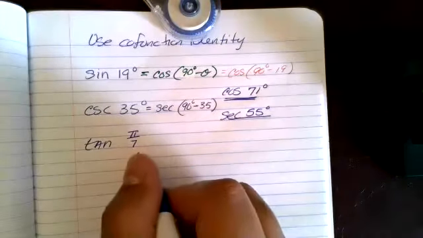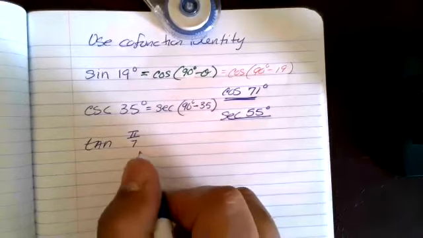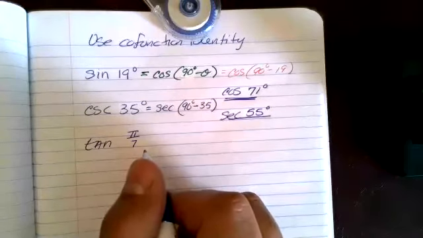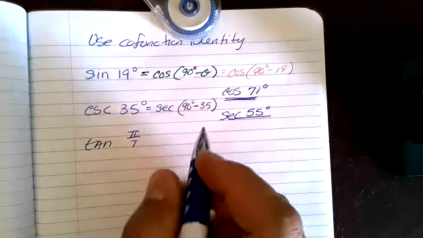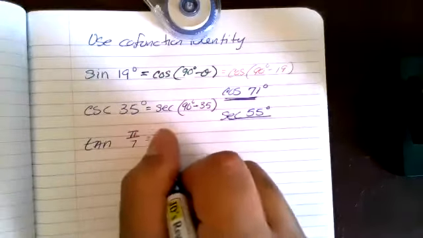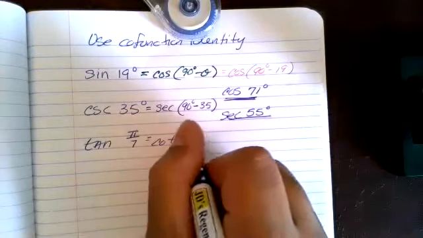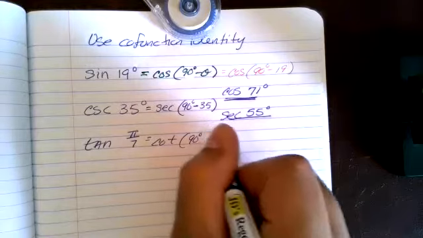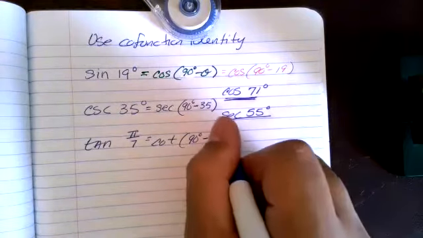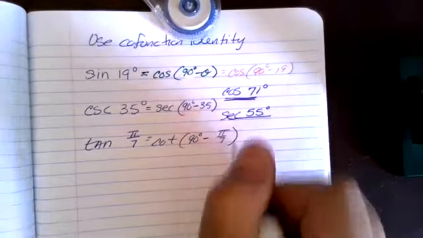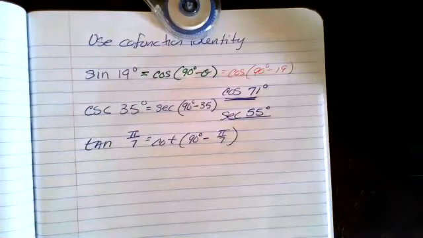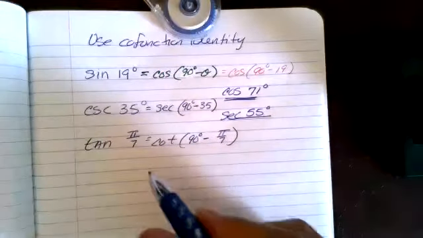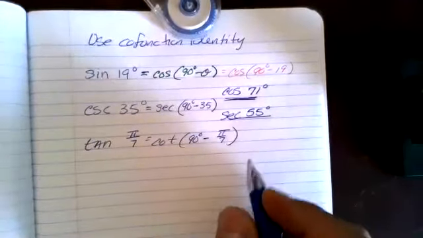Now this one's interesting because we could do this one of two ways. I know this is equal to cotan of 90 minus pi over 7. So now you have, I don't want to say a dilemma, we could do one of two things.